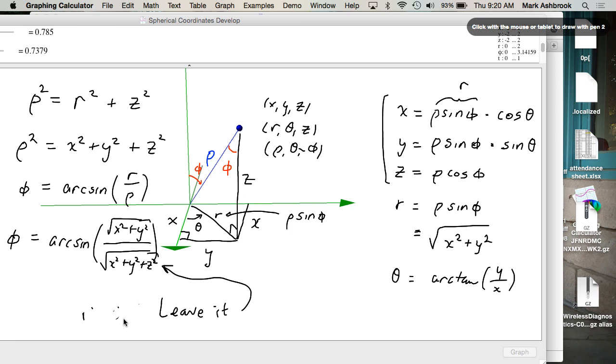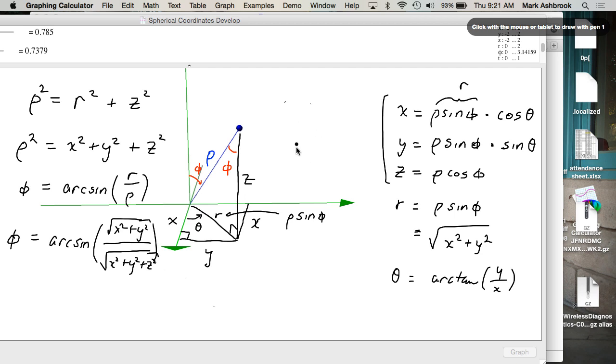All right. Any questions? So now we need to figure out what is a little bit of volume in spherical coordinates. Or in other words, what's our dV? So let's see if I can draw this here. So at this point, we have a change in theta, like this.